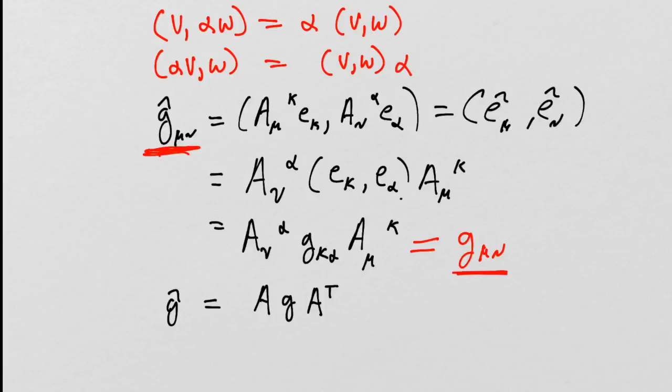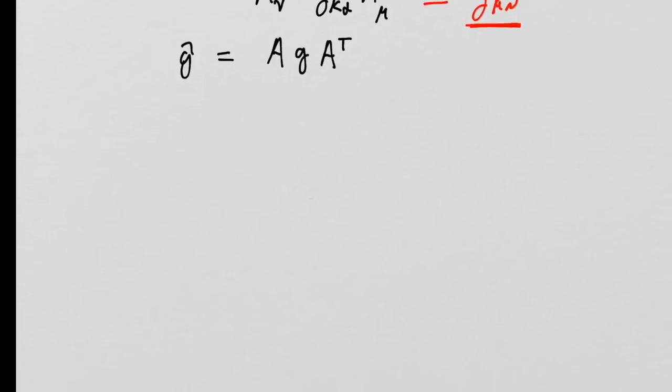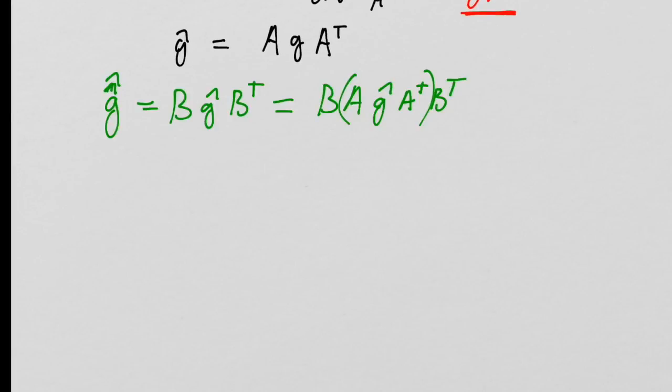So now if we jump to this notation here, we can actually move a little bit faster. For example, we can say that another basis transformation under B, which is also a member of the isometry group, is B G hat B transpose.